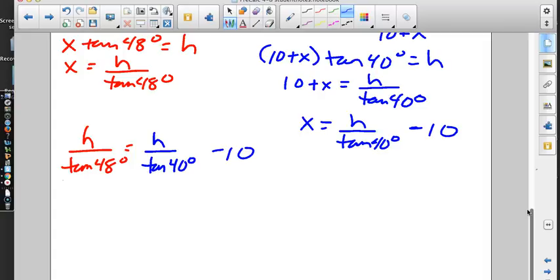Do you remember what we do when we don't want to work with fractions? How do we get rid of fractions? That's if we have something that is already being multiplied by a fraction. This is an equation involving fractions, right?